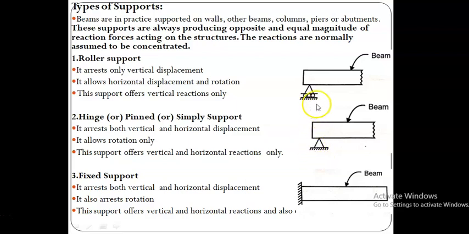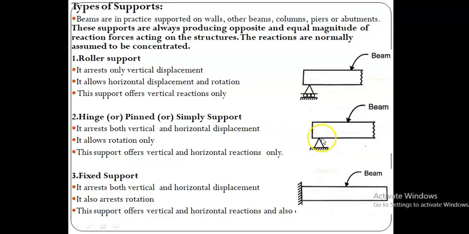Suppose I give a vertical force over this support, it doesn't move; the support does not allow any deflection. Likewise, if I give a lateral force, it doesn't move, because the support offers lateral resistance.